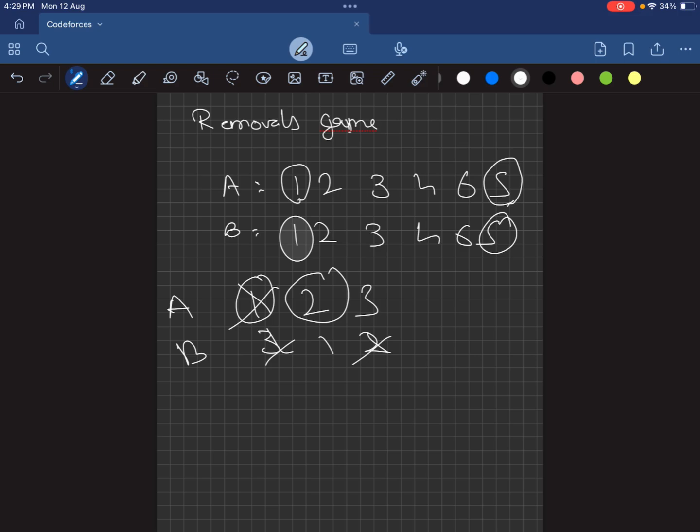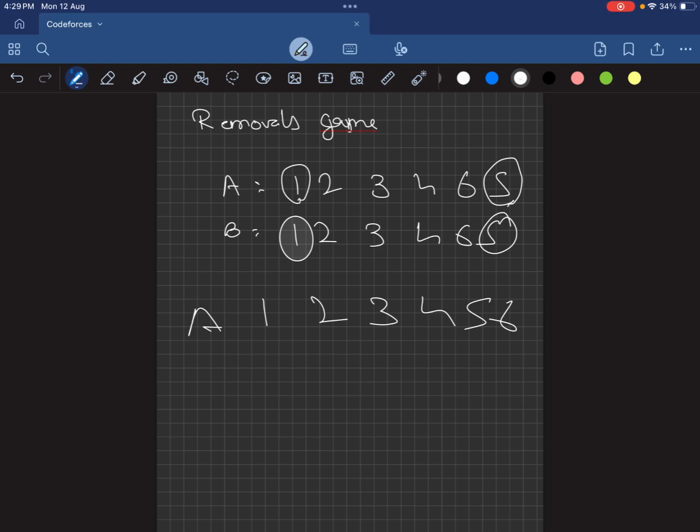No matter what Bob deletes, suppose Bob deletes 2, then Alice can play in a way that she preserves 2. I will take a bigger example. Alice has this permutation and Bob has permutation 1 5 2 3 4 6. Now if Alice plays 6, Bob won't be able to play 6, so Bob can either play 1 or 5.